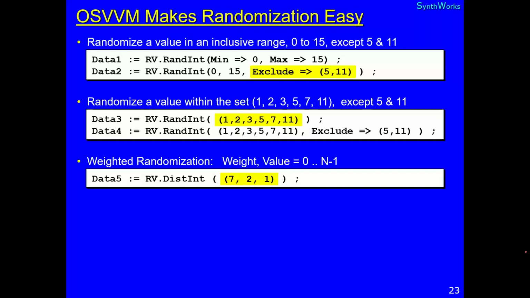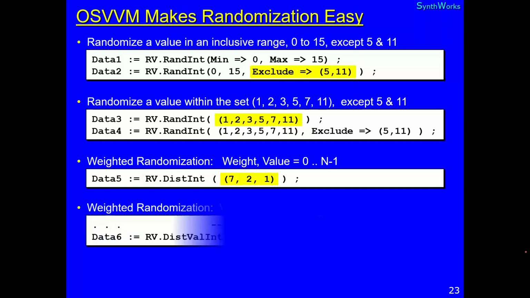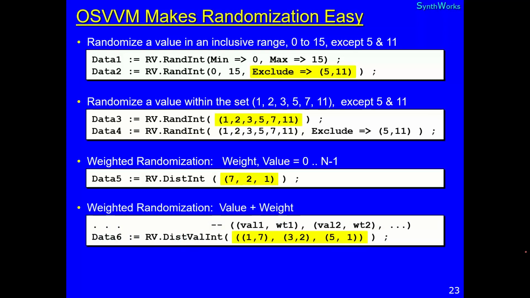There's 3 this time, so it's 0 to 2. What this says then is these weights individually, we don't know what they mean. But when we sum them up, then we know, oh, the first one's 7 out of 10, or 70% of the time it's going to happen. The second one, 20% of the time is going to happen, and so on. Finally, we can do weighted randomization where we get the value and the weight.